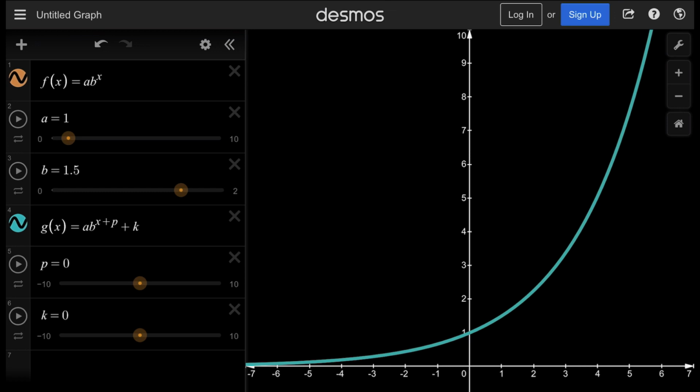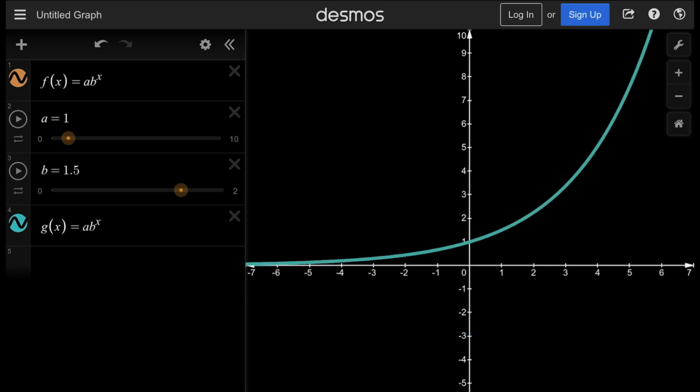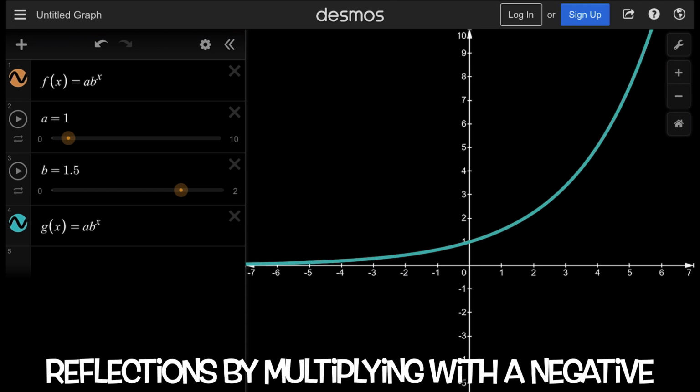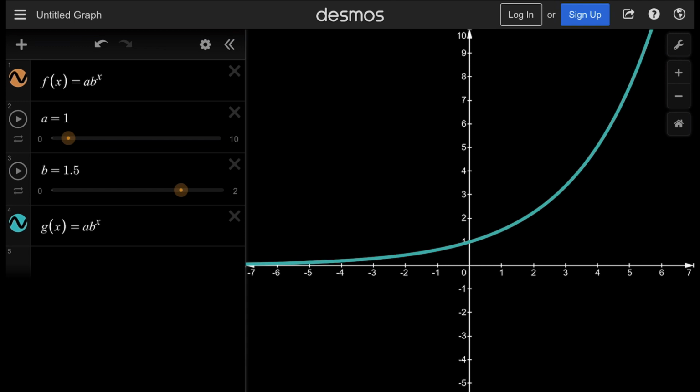Right, now let's move on to reflections. And what we're going to do is play around with this g(x) function. We're going to reflect it about either the x-axis or the y-axis. Let's start with reflecting it about the x-axis. Okay, so this one is interesting. If you want to reflect it about the x-axis, simply slap a negative on the entire function, like multiply the whole function by a negative.